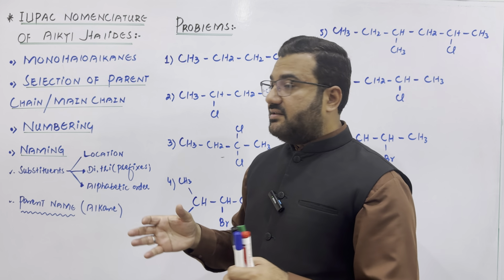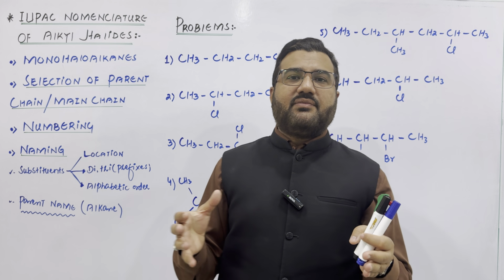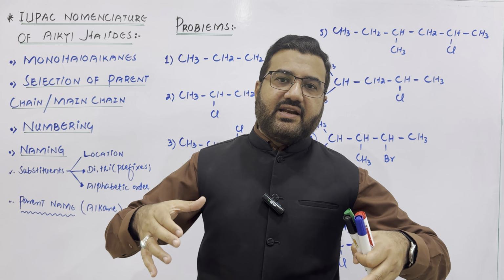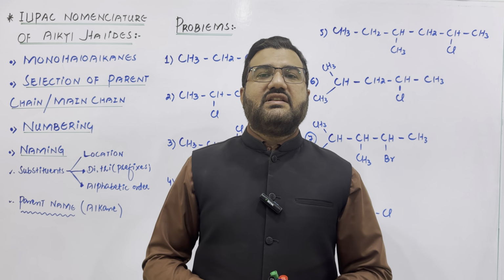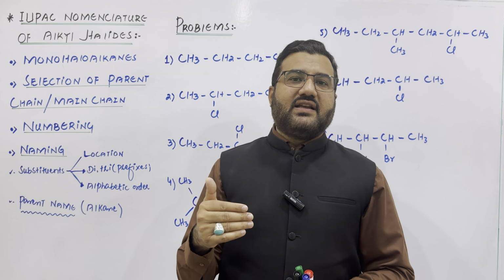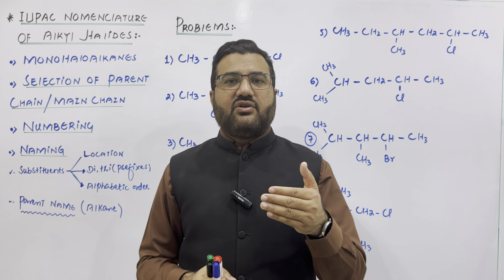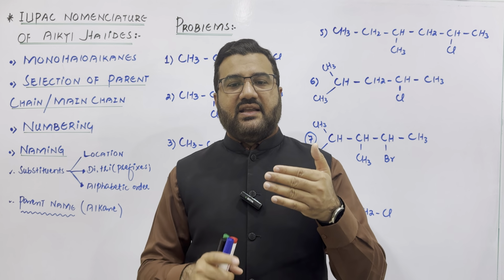And if two chains have an equal number of carbon atoms and both have all the carbons that carry the functional group, then you will select as the parent chain the one which has the maximum number of substituents attached to it. So the longest continuous chain having the maximum number of carbons, maximum number of substituents, and all the functional group carrying carbons in it will be called the parent chain or main chain, and it is very important because it will give the parent name to any alkyl halide.